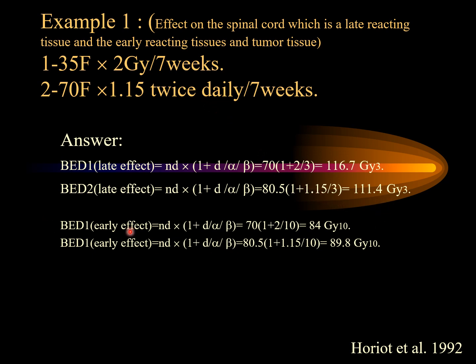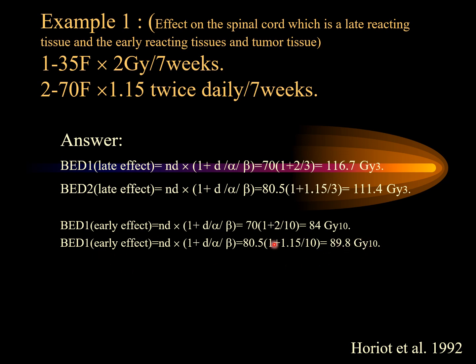For the rapidly proliferating tissue, including the mucosa and the tumor itself, you can see that hyperfractionation is hotter on the tumor. If you look at the results of the EORTC trial at that time, they tell you that local tumor control was better for the hyperfractionation. Because the biological effective dose is hotter on the tumor, we did expect something like that.